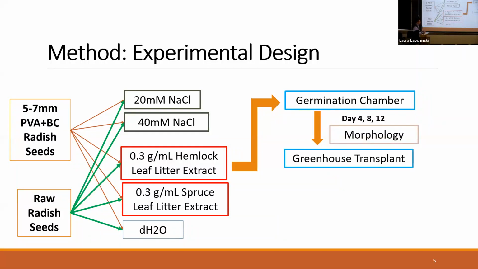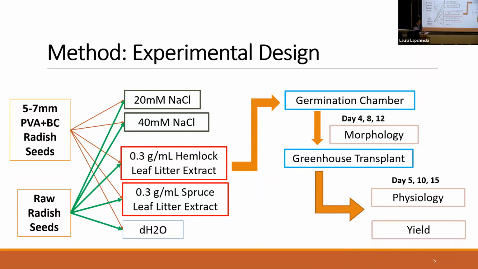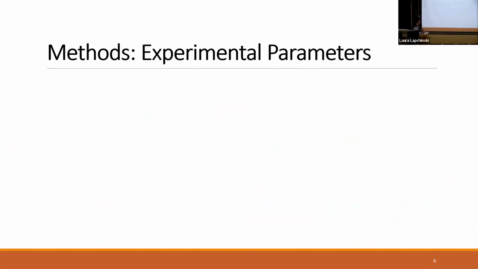And then on day 15, I transplanted the germinants into a greenhouse to let them develop into mature plants. And then on day 5, day 10, and day 15 after my transplantation, physiological measurements were taken. And then on day 20, that was the day I harvested the radishes, and that's the day I measured the yield. So I'm sure you guys are wondering, what are these parameters I'm talking about?